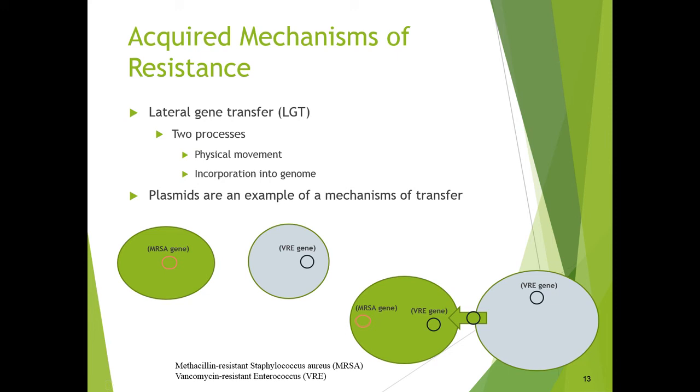And what happened was they were in close quarters, they communicated with each other, and that Enterococcus passed that gene for vancomycin resistance to the Staphylococcus aureus, and the staph then acquired resistance to the vancomycin. So it was resistant to methicillin and vancomycin, and that is a really bad combination.